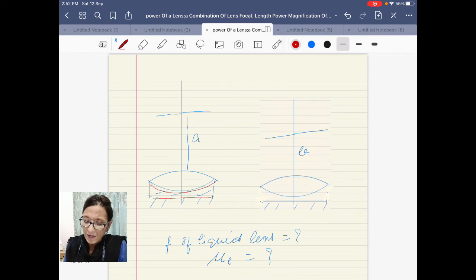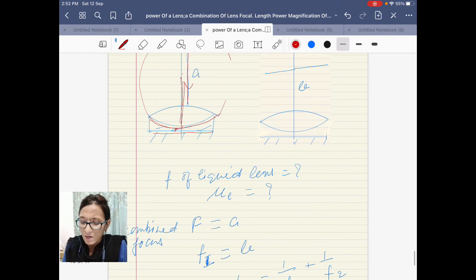So R1, you can see that it is a concave surface, so its radius will be along the direction. You can measure the radius starting from the optical center in a direction which is opposite to the direction of the incident ray.